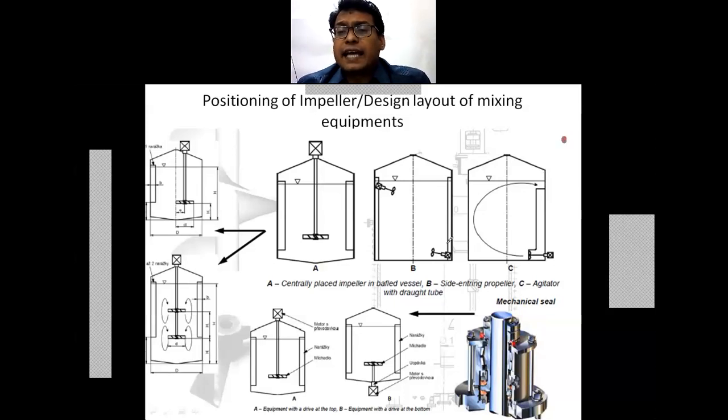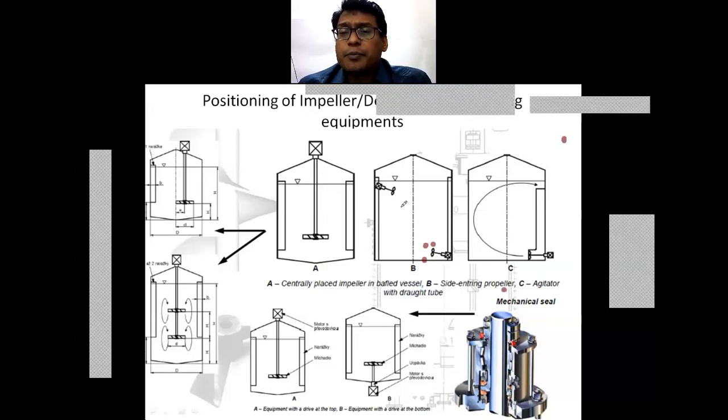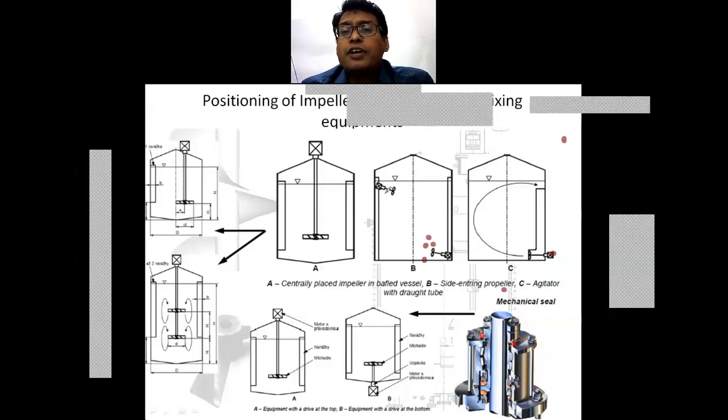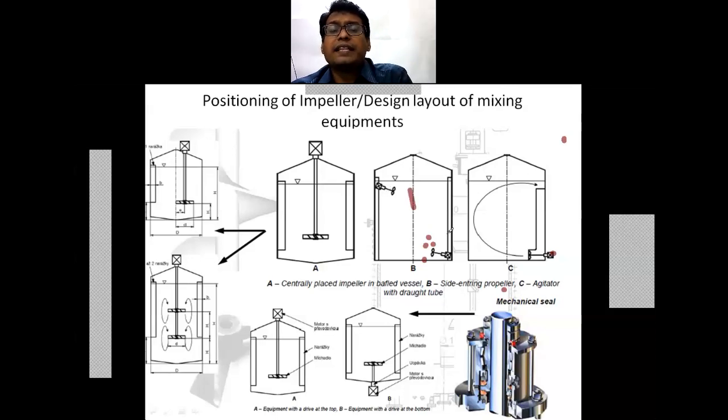Then the side entry will also be associated. Now this side entering propeller can be completely horizontal as in figure C, or it can be situated at a certain angle. Not only a single side entry, but figure B shows two impellers with a side entry, inclined at a certain angle.